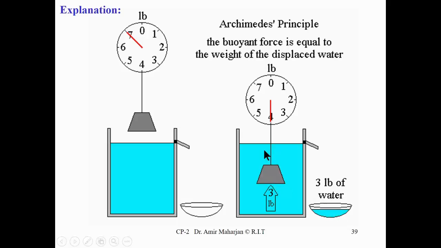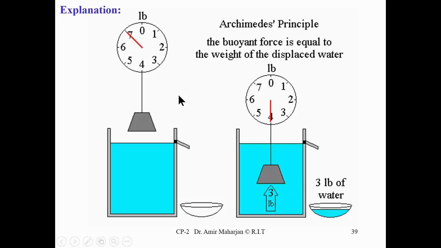And again we measure the weight of the given sample in this liquid, and it weighs say 4 pounds. What's the loss of weight? The loss of weight is 3 pounds. And what Archimedes principle says is that the loss of weight, which is equal to the buoyant force, is exactly equal to the weight of the fluid that's been displaced by the object. That's the Archimedes principle.